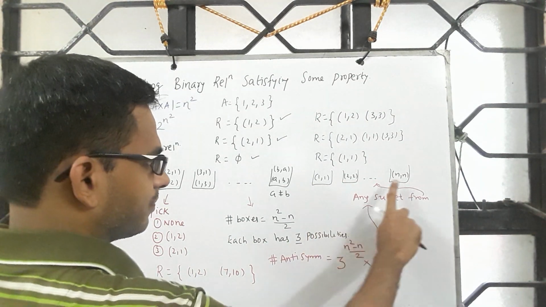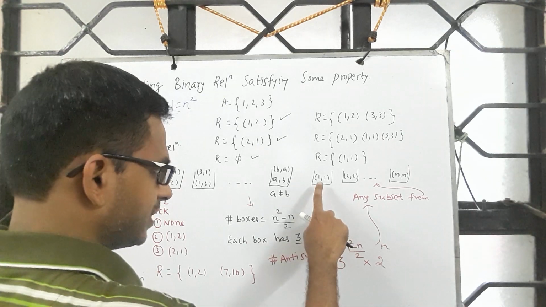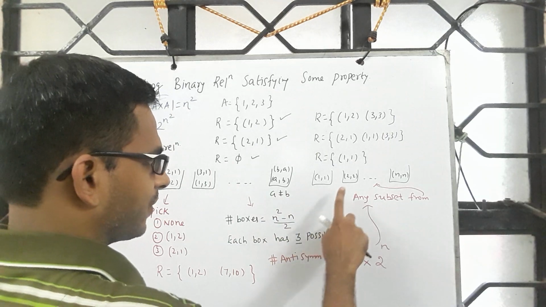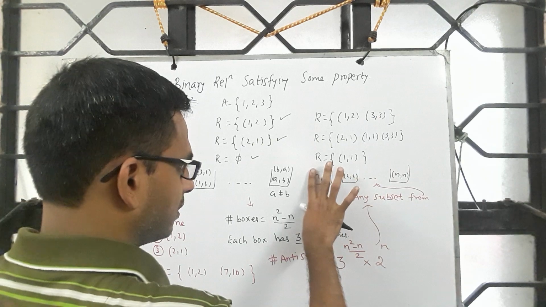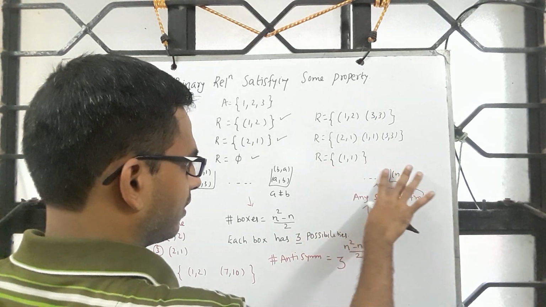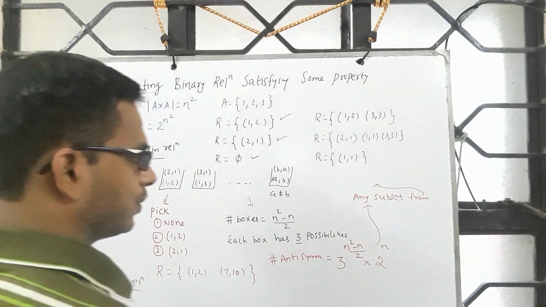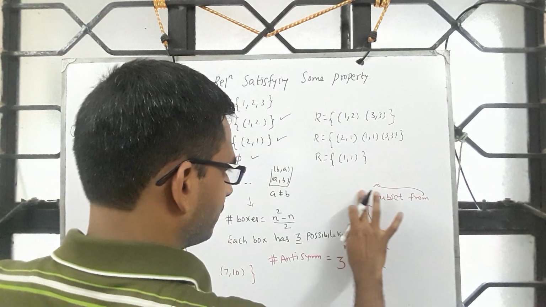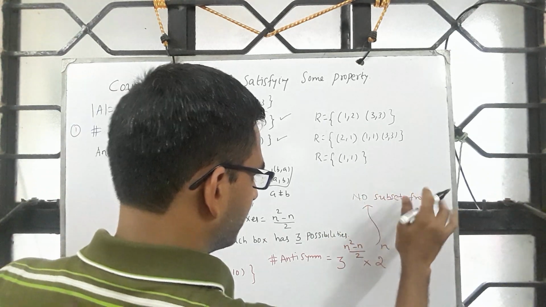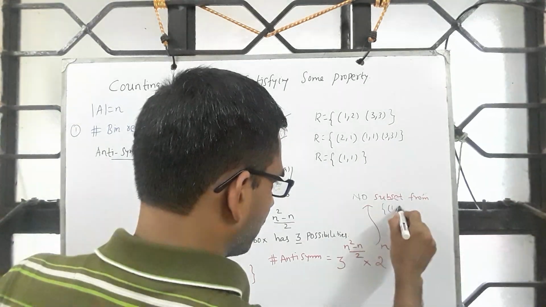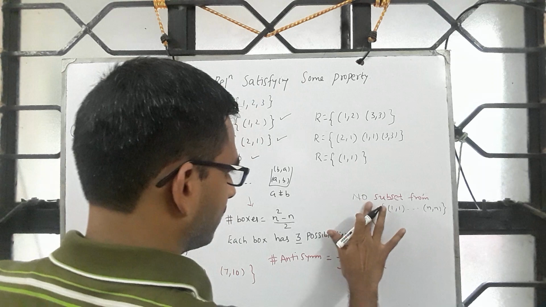And how about this? If I include this, which means AB and BA are present. So if I include this, then AB. So any subset from this should not be there. Correct? So no subset from (1, 1), so on up to (n, n). Correct?